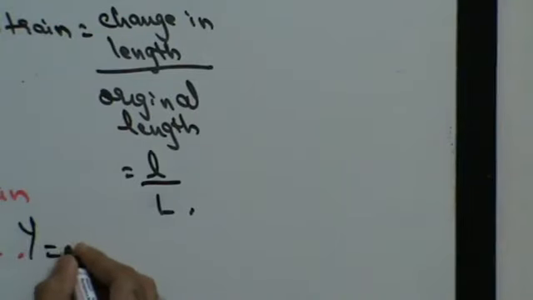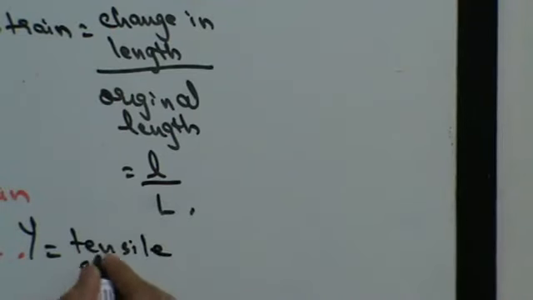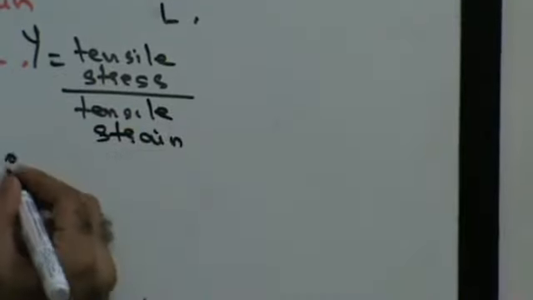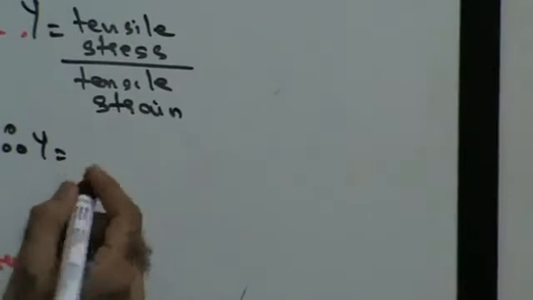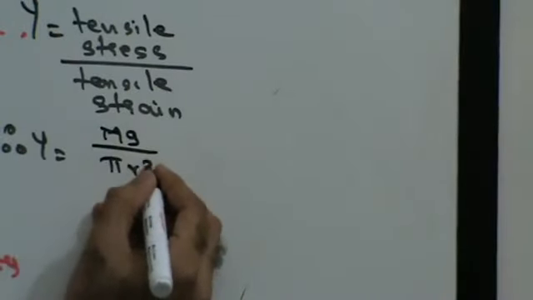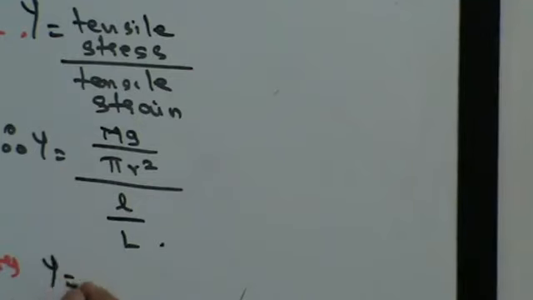Original length is capital L. So thus Young's modulus is defined as tensile stress upon tensile strain, that's mg upon pi r square divided by l upon L. Denominator becomes numerator, so this will be mgL upon pi r square l.